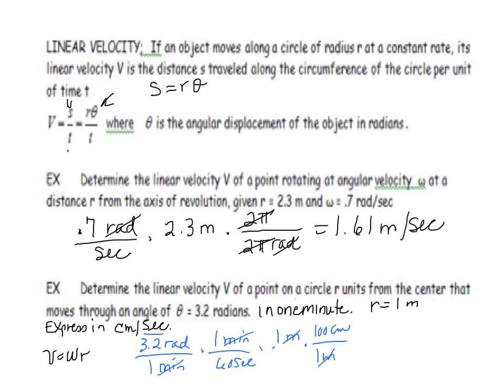Now the last thing that I need to cancel out is the radians, right? So I know that 2 pi radians, and then put the 2 pi up here because that's 1 revolution, right? And so the 2 pi cancels, the radians cancel, and when I multiply all the way through there, I should get 32 over 6 centimeters per second.